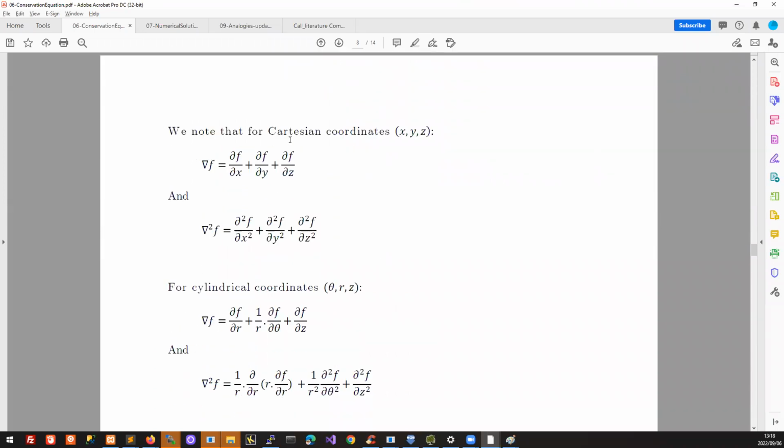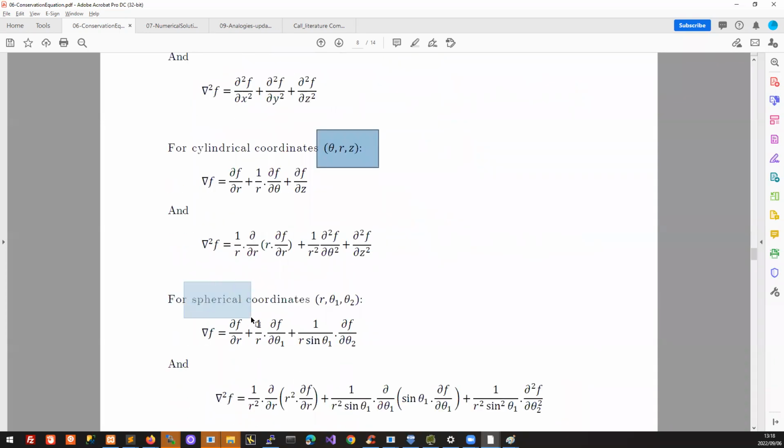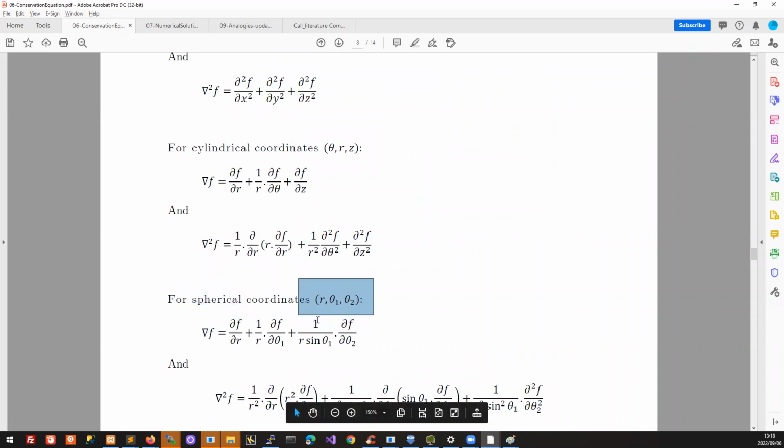So we said that in Cartesian coordinates, of course, we have X, Y, and Z. And then in cylindrical coordinates, we have R, theta, Z. And in spherical coordinates, we have R, theta 1, theta 2. We could also imagine any coordinate system, and you could invent your own coordinate system if you wanted to.